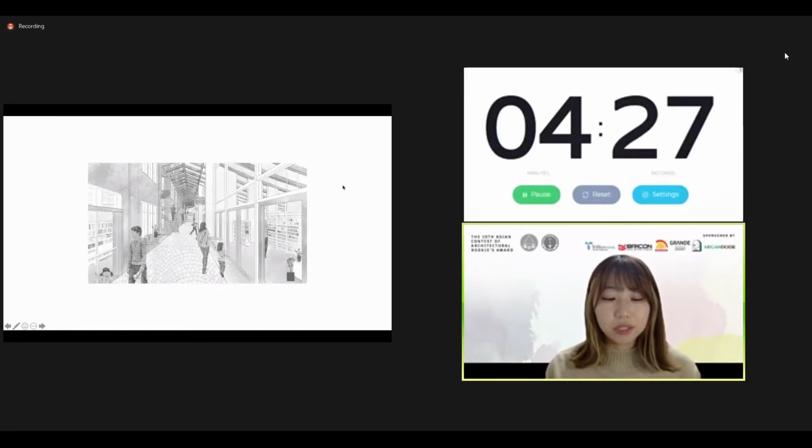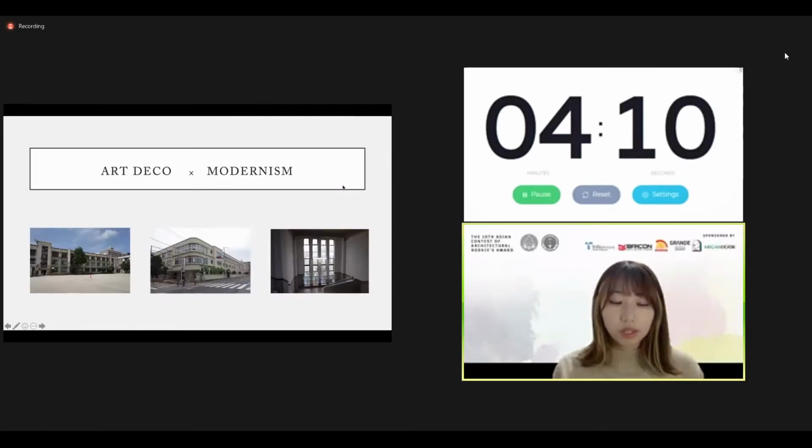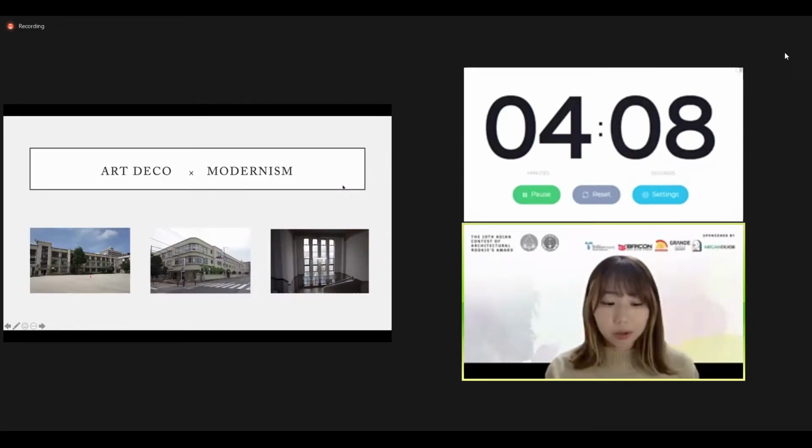There is a closed elementary school, Taiken Elementary School, built in Kyoto in 1939. This site faces Marutamachi and Inokuma Street, so the northeast corner of the building is where it is often seen by people. This is the original school building.